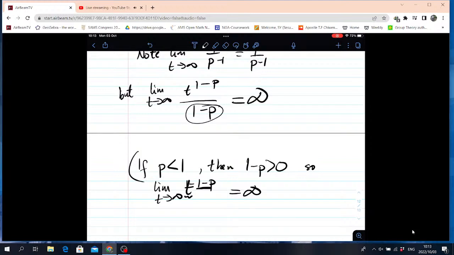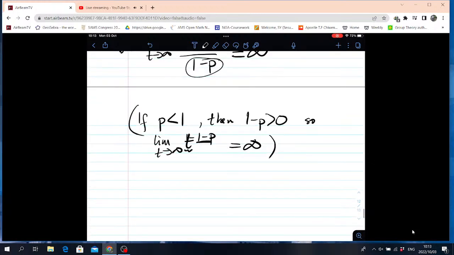So in this case we can see the limit exists, but it is not a real number. So this improper integral diverges.